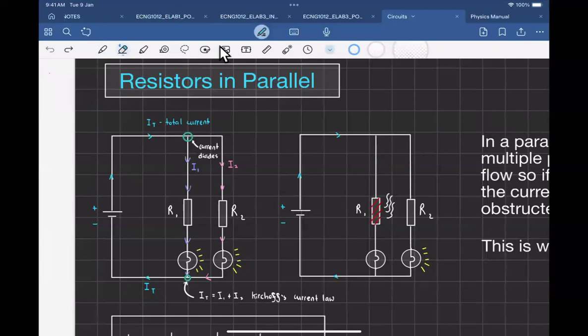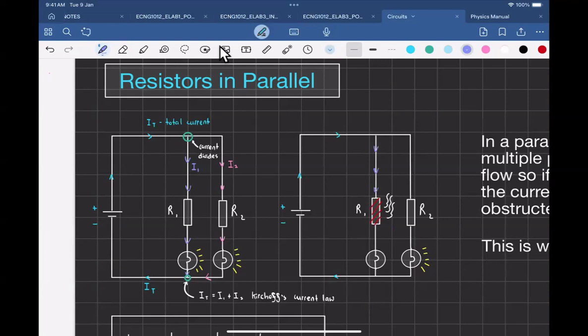So if one component goes bad, does that mean the whole circuit is going to stop working? No. Let me give you an example. If you have 5 different routes to reach San Fernando, and one of the routes has a roadblock, you can take the other routes. The same thing over here.